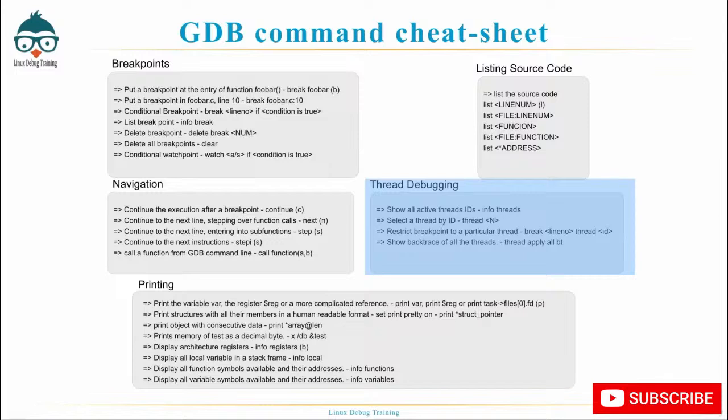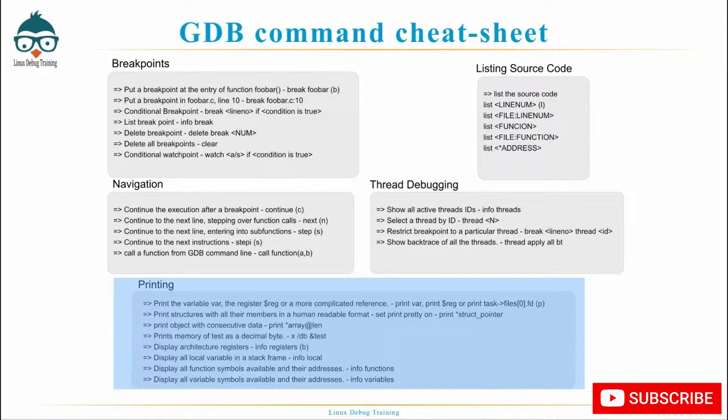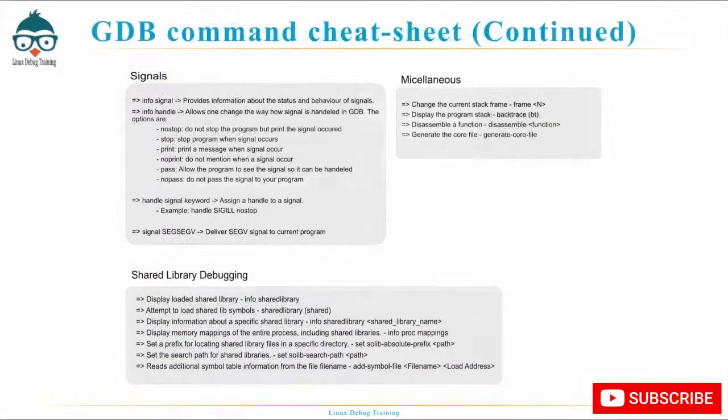Something that is obviously very useful in GDB is displaying various variable and memory location names and contents. So there are a number of commands available specifically for that purpose. One issue that can be sometimes problematic is signal handling in programs that you are trying to debug. And GDB provides a number of commands specifically for controlling how you handle signals or whether signals are handled by the debugger.